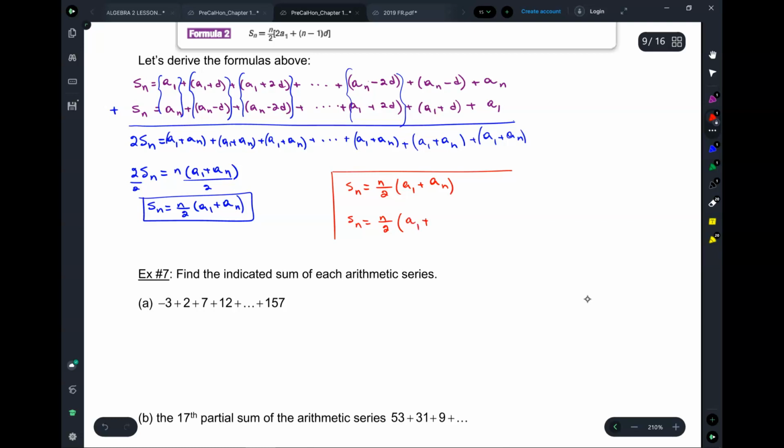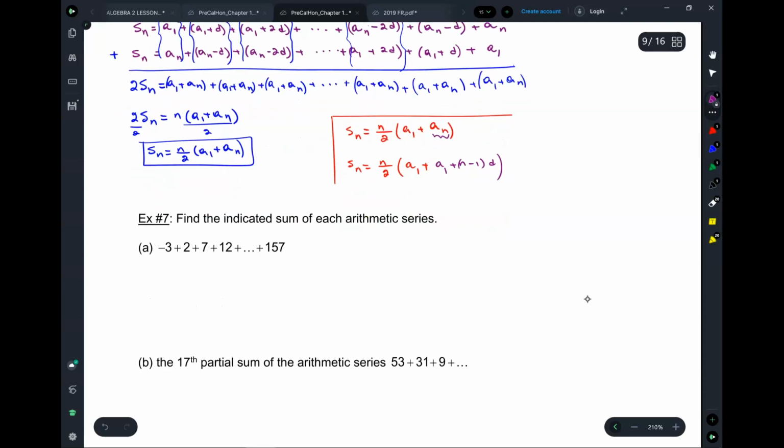Well, do we have a formula for an from yesterday? an is a1 plus n minus 1 times d, correct? So if I simplify, this is n over 2 times 2a1 plus n minus 1 times d.